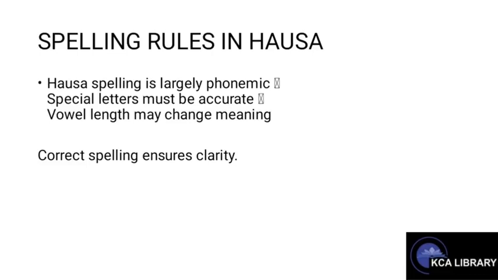Spelling rules in Hausa. In every language, there are rules to spelling. Hausa is largely phonemic. Words are written as they are pronounced. Special letters must be correctly used to avoid changes in meaning.